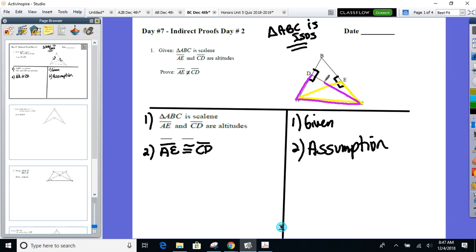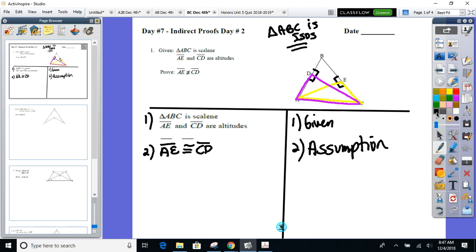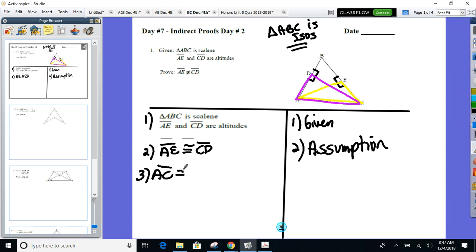Orion already gave us a side AC congruent to itself. And also, remember from our assumption, we knew that AE and CD were congruent, so that's another side, isn't it? Here's the problem.